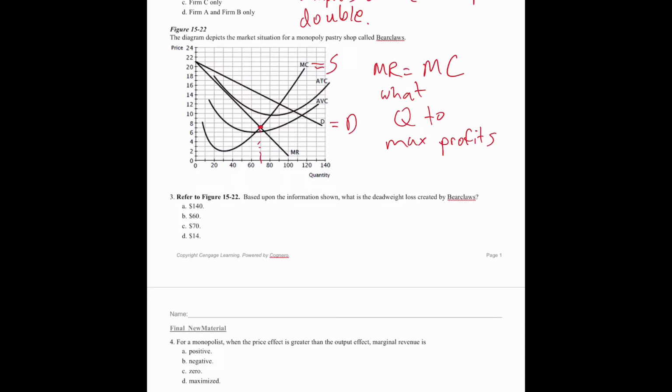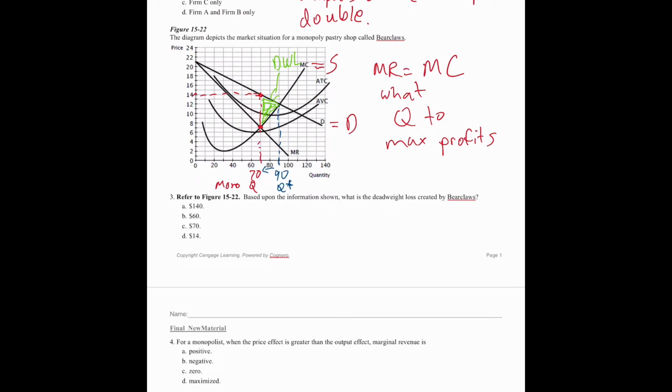If we trace that up to where it hits the demand curve, we can see that this green area here is going to be our deadweight loss, because that's the difference between where we would be at equilibrium at 90 if we had a perfectly competitive market, but the monopoly produces all the way back here at 70, which is the monopoly quantity. So then that little triangle is going to be our deadweight loss.